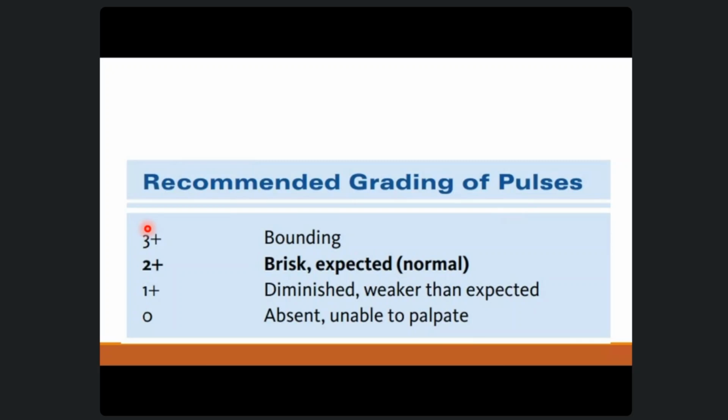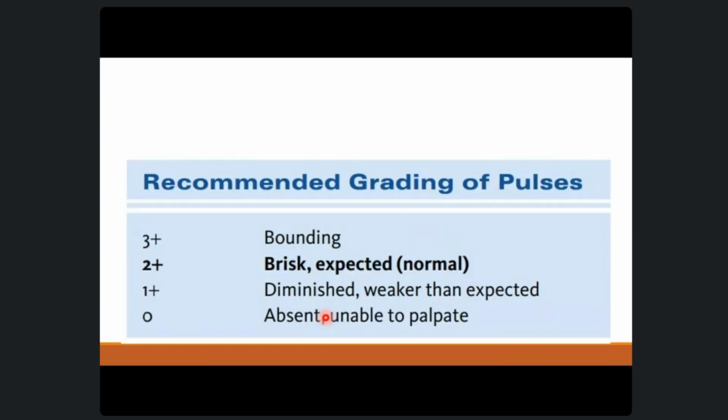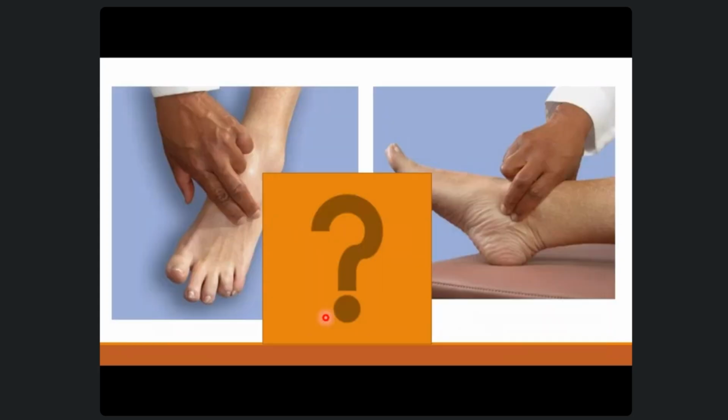So 3 up to 3 plus lang. So 3 plus is already bounding. Kasi 'di ba parang letter B yung 3. So bounding. Pero ang 2 plus ay brisk. Basta ang normal is 2. So 2 plus is brisk or the normal. So 1 plus diminished then 0 absent. Unable to palpate. Makulbaan na kapag 0 ang imuhang grading sa pulse.